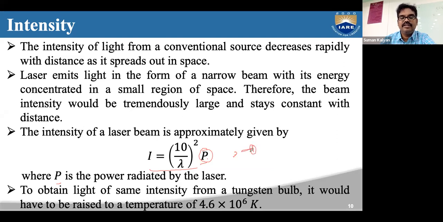From the figure, or using a galvanometer, we can convert the optical energy into electrical energy, and then we can calculate the intensity there. So we can calculate the intensity of the laser beam from this condition, and of course it depends upon the distance also.